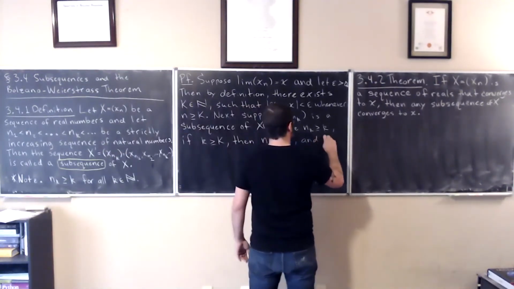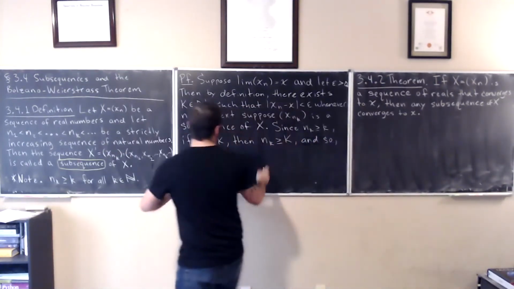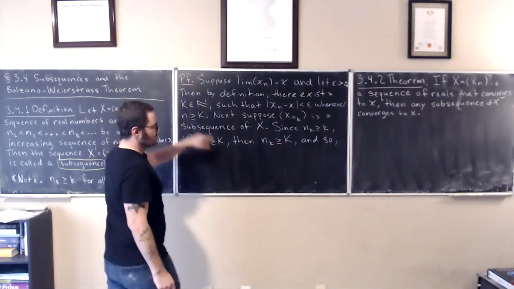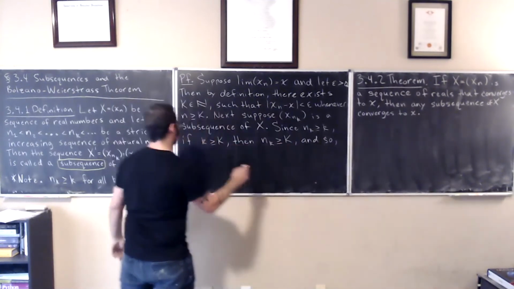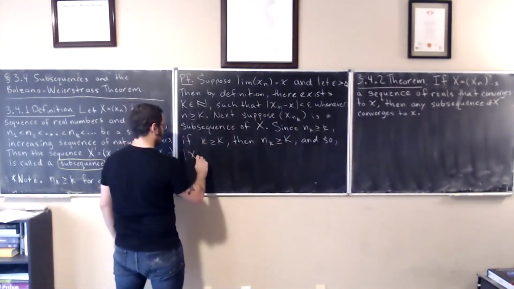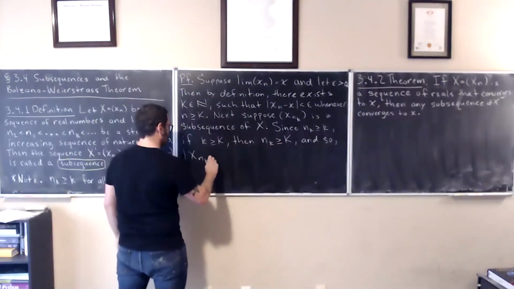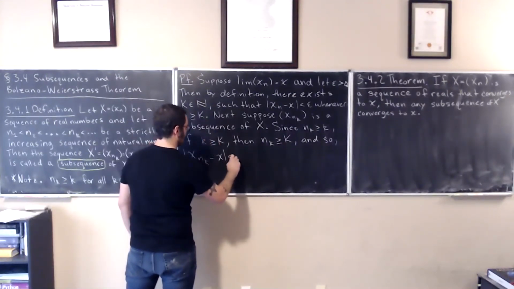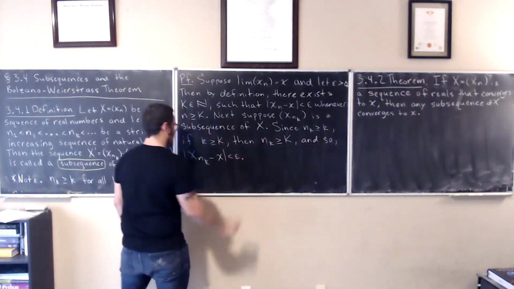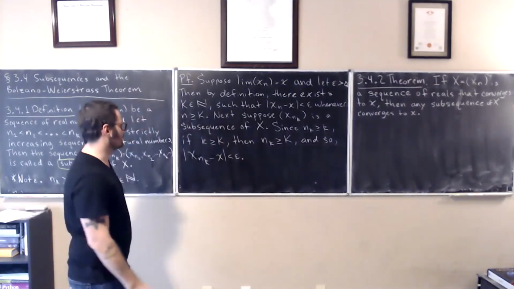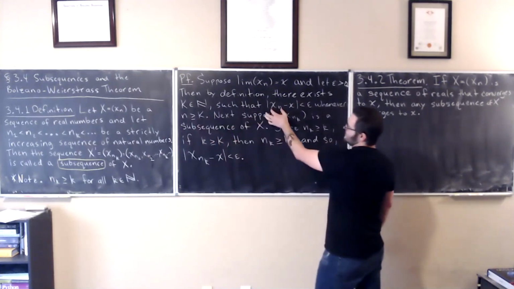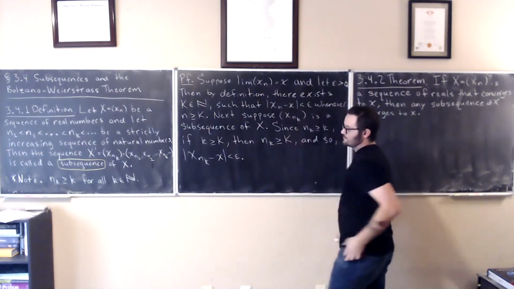And so n sub k is just an index, right? So if n sub k is greater than or equal to K, we know that this value here must be within distance epsilon to x, because any index that's bigger than K for the supersequence has to satisfy this because it converges.